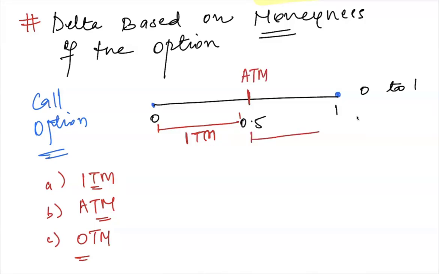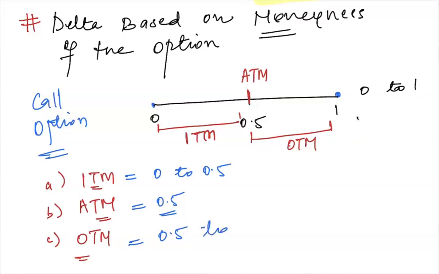And if the delta is between 0.5 and 1, we will say it's out of the money.